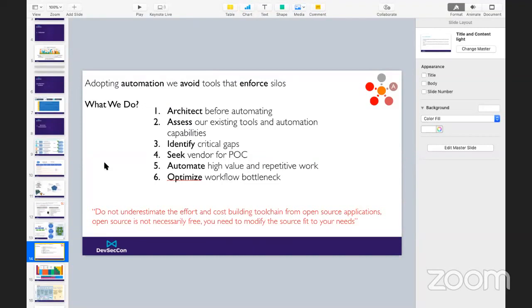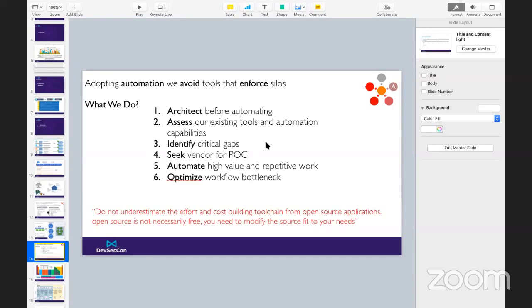So value number 2 is automation. Is there an easy way to do the automation, actually? We need to adopt automation, and avoid tools that enforce silos.